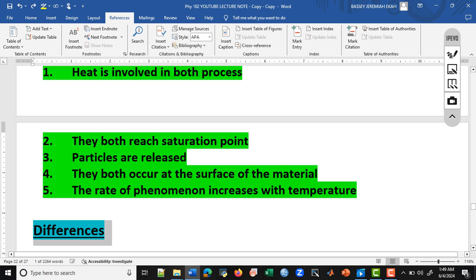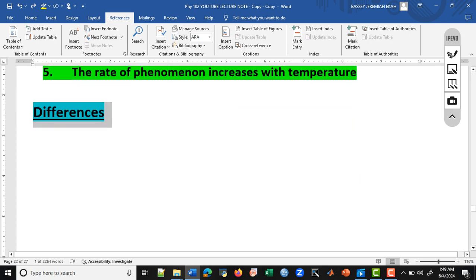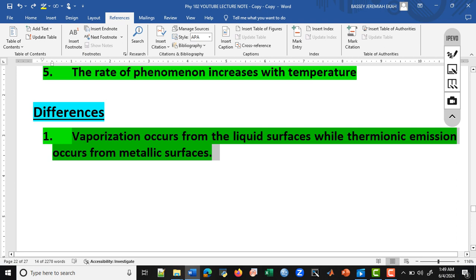Differences. Vapor occurs from the liquid surfaces, while thermionic emission occurs from metallic surfaces. So that is one difference.